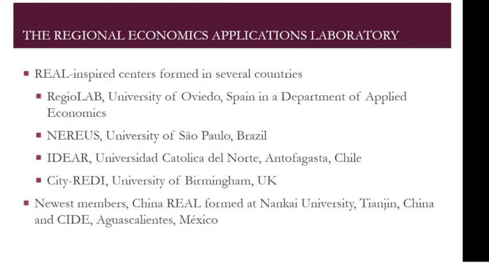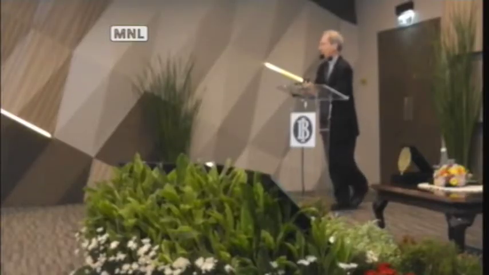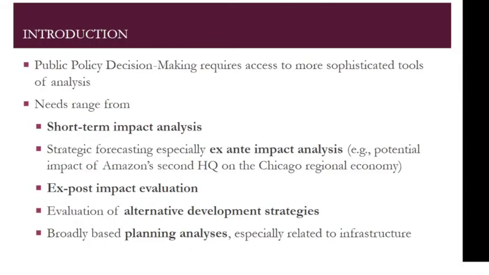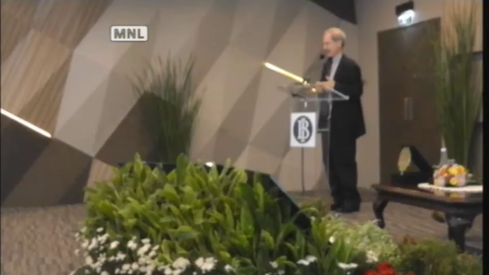Okay. So what do we do? Well, public policy decision making requires access to a lot of sophisticated tools. And I am told that I must not talk about models in this presentation, but about what we do. But I don't want you to assume that after the event has occurred, what was the impact on the economy?